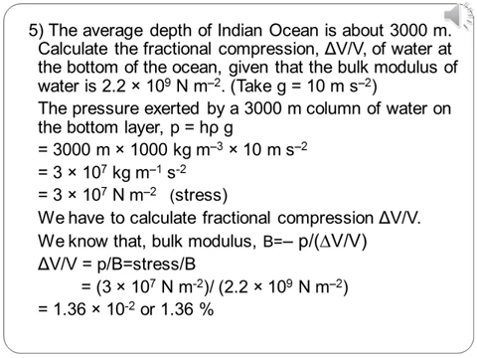By substituting the values of H, rho and G, we get pressure P is equal to 3 into 10 the power of 7 Newton per meter square.